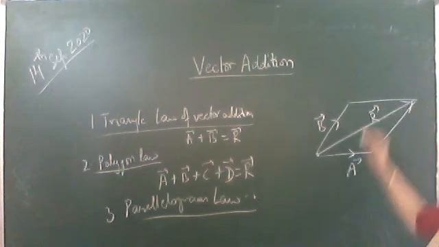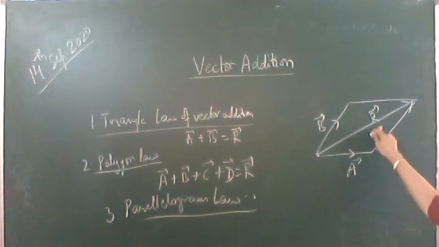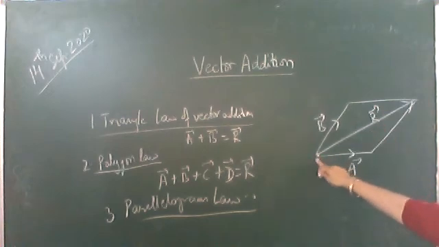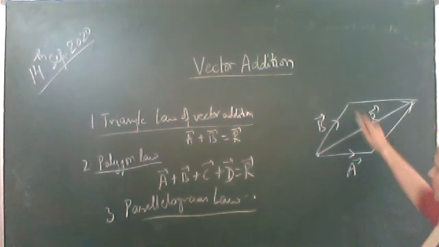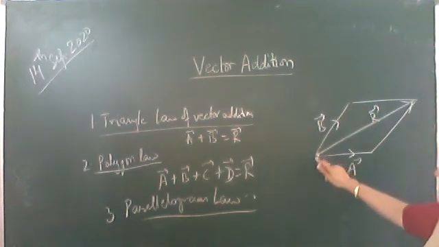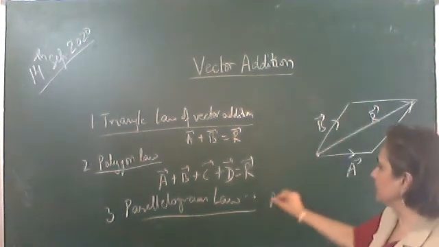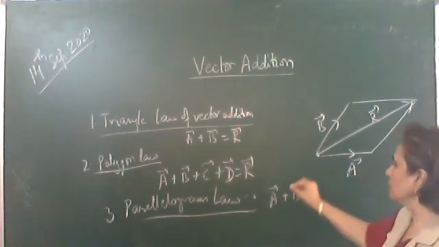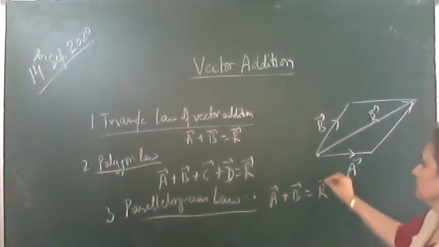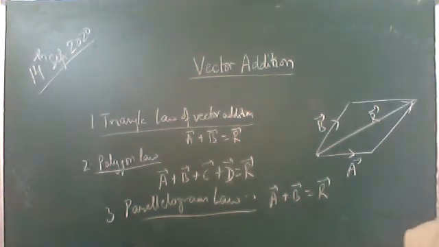It represents the resultant completely, meaning in magnitude as well as in direction. The resultant is given by the diagonal passing through the same point from where these two vectors are starting, not the other diagonal. That is A plus B vector is equal to R vector.